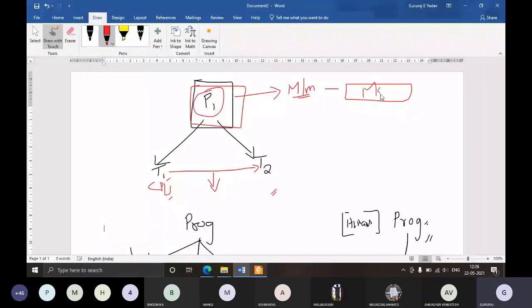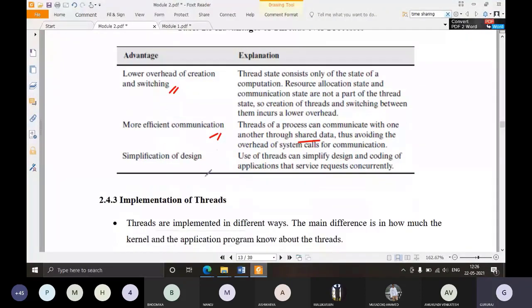This is shared between T1 and T2, so they can read as well as write, and communicate easily. That is easy communication. Then simplification of design: use of threads can simplify the design and coding of applications that serve requests concurrently. Since switching is easy, the design becomes easy.